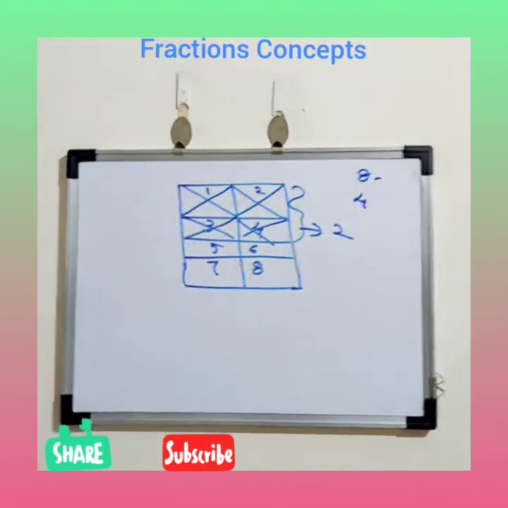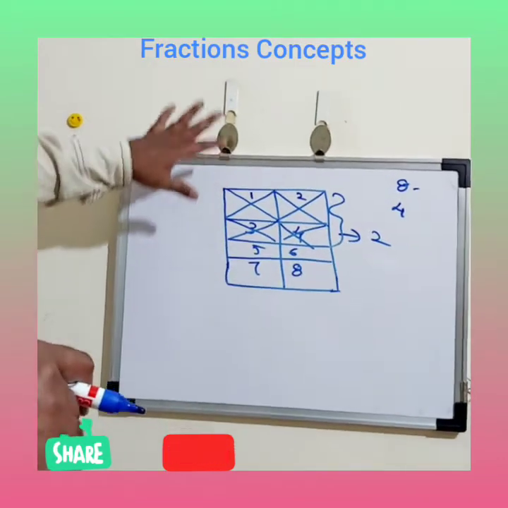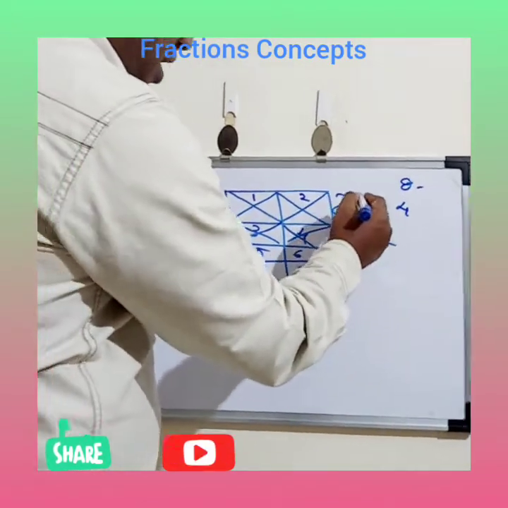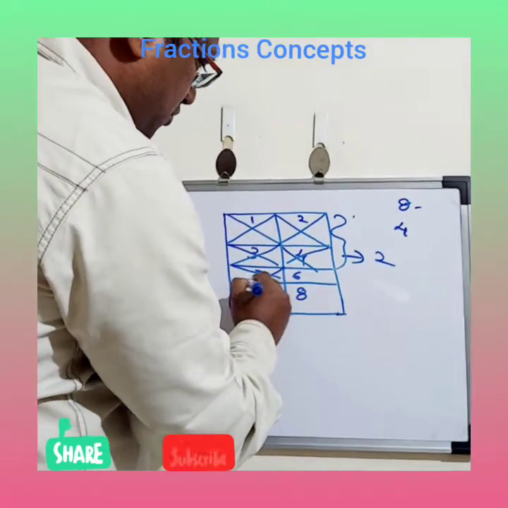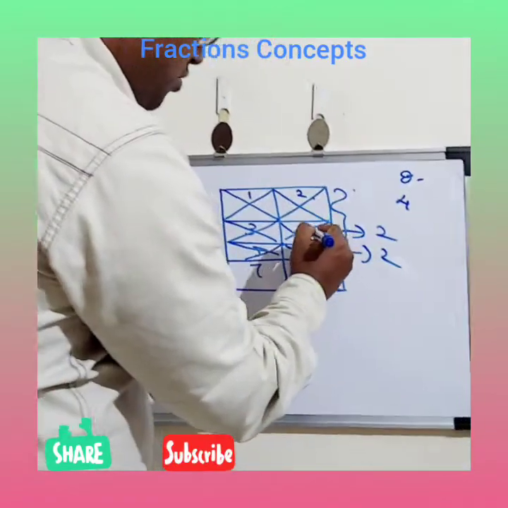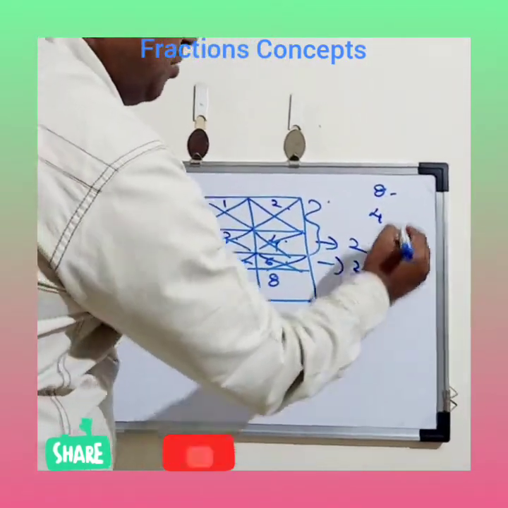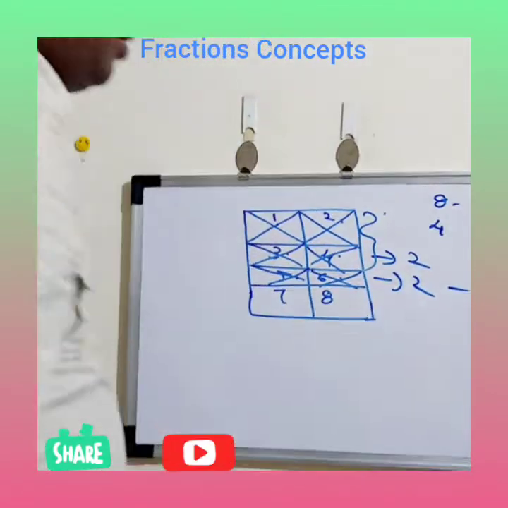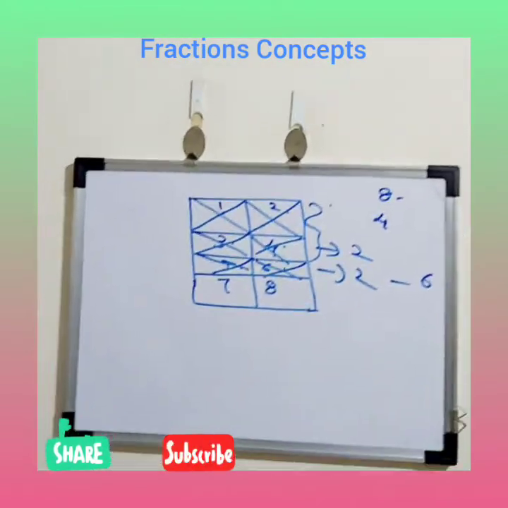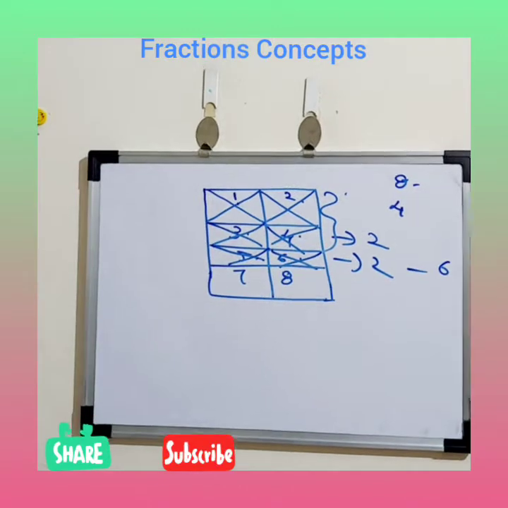Suppose the question asks to shade 75% of the figure. 50% we already have, so we need 2 more. Total 1 2 3 4 5 6, 6 parts of the figure, that is 75%. These kinds of problems will come with respect to percentages, fractions and parts of the figure.